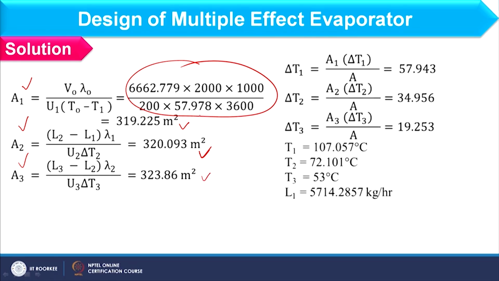And so, you can find out that these areas are different. Okay. So, next we have to find out average area, and considering this average area as well as the calculated area, you can find out delta T1 prime. You can find out delta T1 double prime and delta T2 double prime and delta T3 double prime, right, because from here I am having the third iteration.